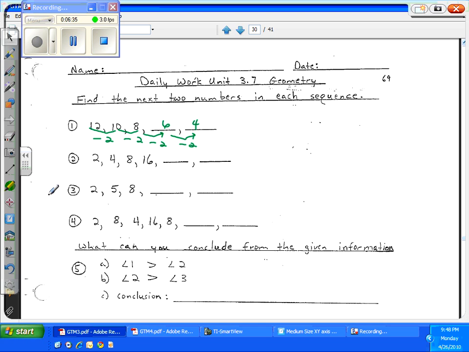Let's look at number 4. It's kind of tricky, isn't it? You may play around and say, well, that's a plus 6 and then a minus 4 and then a plus 12 and then a minus 8, and that's all kind of weird.